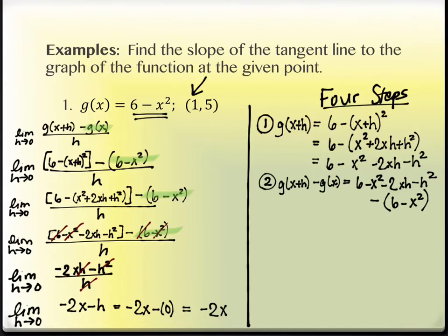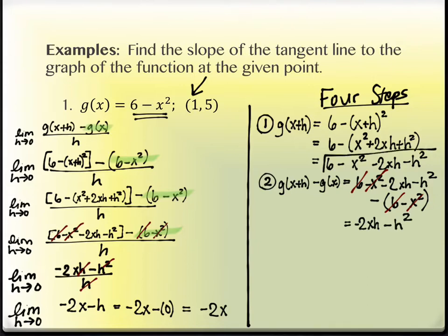Right? So I did the first part of the numerator, the g of x plus h part right there. And now I'm doing the second part of the numerator, so I have a whole numerator. The whole numerator is step 2. And of course, the beautiful thing about it is that each of those cancel. The 6's cancel, the x squareds cancel, and all I'm left with now is, let me move it down a little bit, the negative 2xh and the minus h squared.